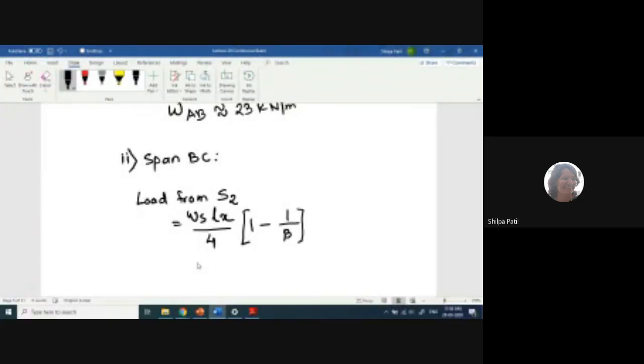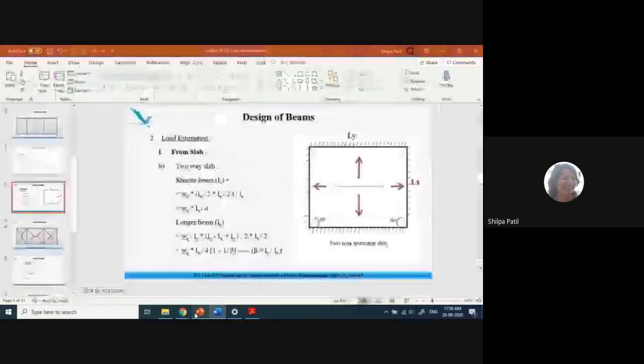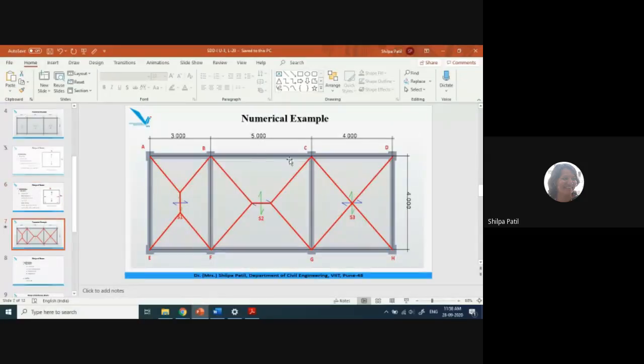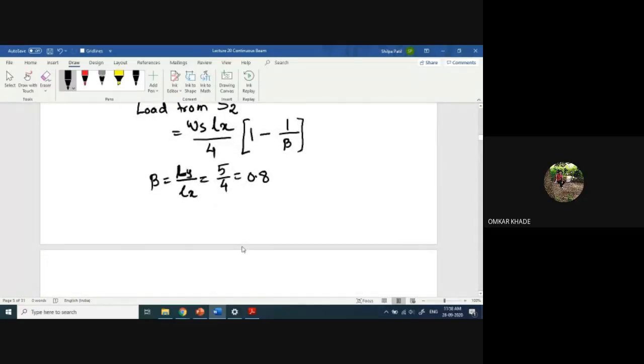Okay, so let us first find out what is beta. Beta is Ly by Lx, right? Ly is the longer length. The longer length is 5 meter, shorter length is 4 meter. So 5 by 4. Tell me the value. 1.25.